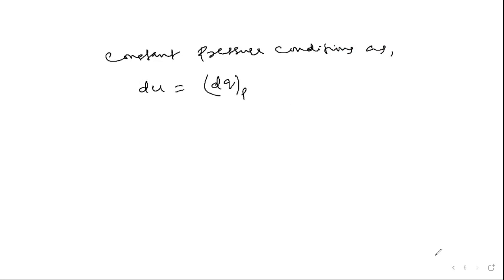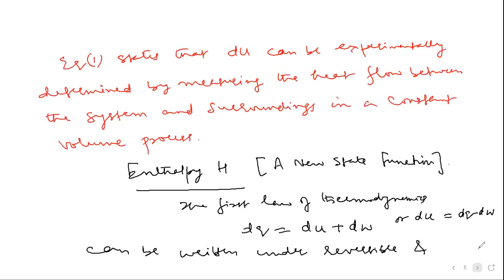Then you write minus P external dV, because P external dV is dW.